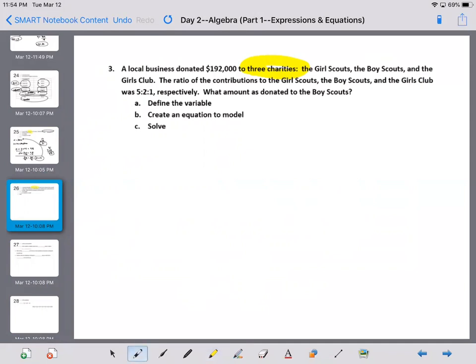So we're going to say that X will be the Girls Club, and we'll say 2X is equal to Boy Scouts, and we'll say 5X is equal to Girl Scouts.